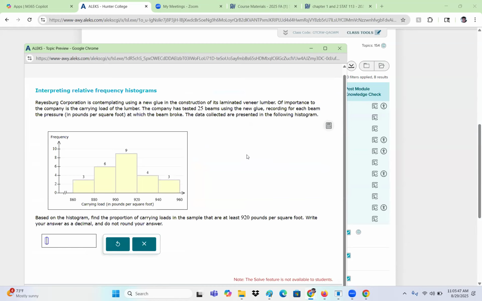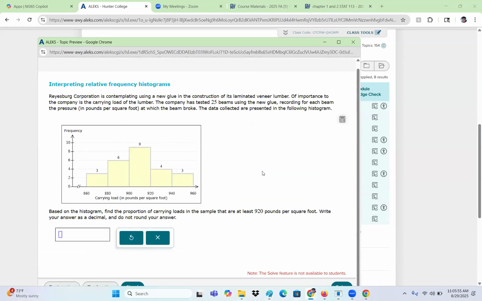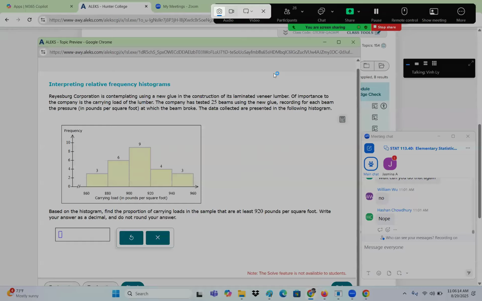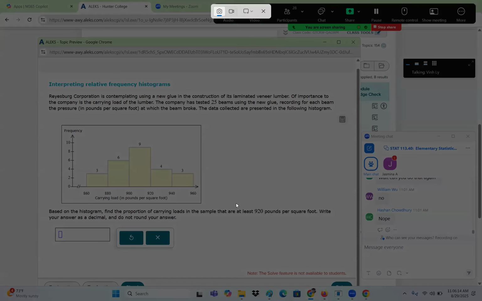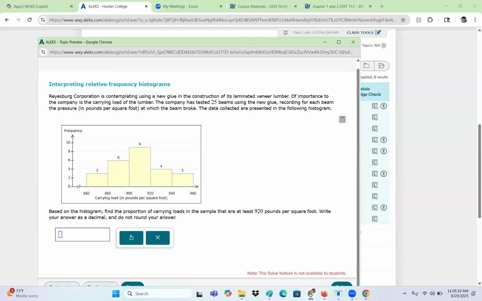Okay, this is very important. Question: the proportion of carrying loads in a sample that are at least 920 pounds per square foot. Write your answer as a decimal; do not round your answer. So at least 920, let me get to the keyword.